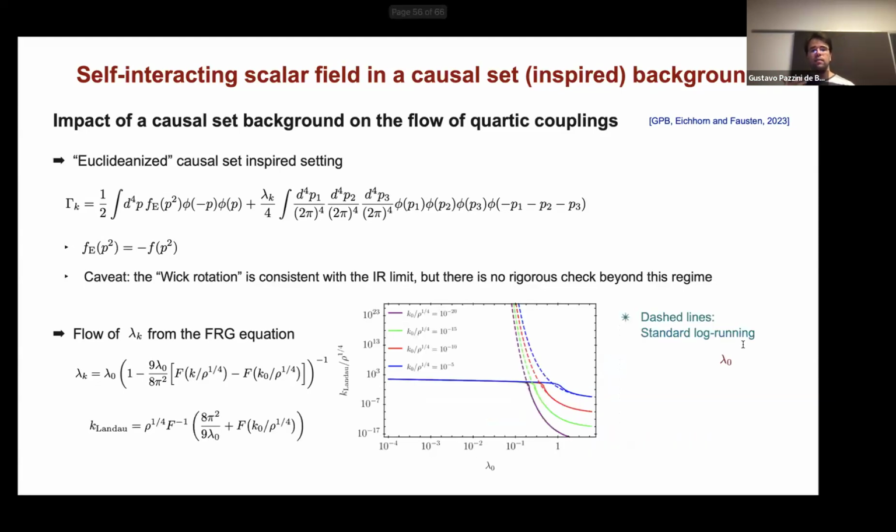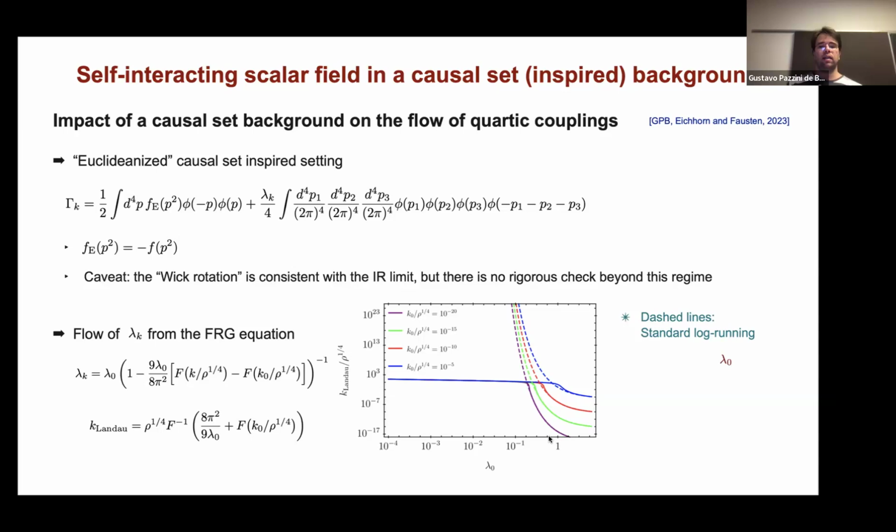In particular, we can see how these strong effects affect the existence of a Landau pole in this RG equation. The first thing is that including such a modification from a causal set inspired scenario still leads to a Landau pole in the UV.